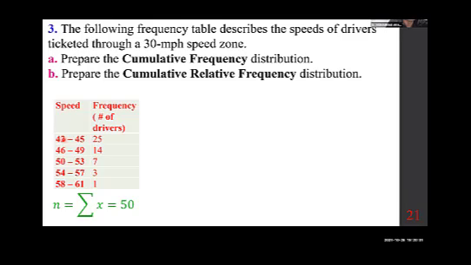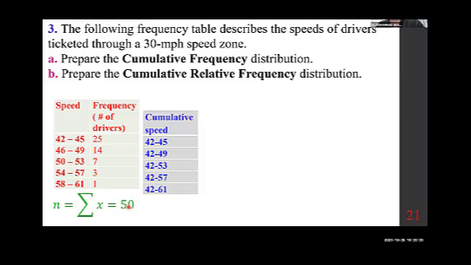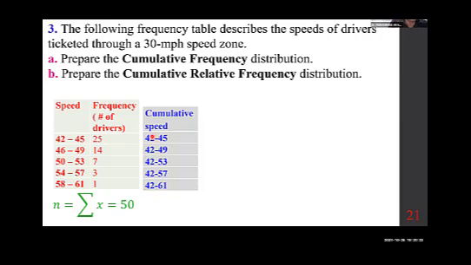So everything starts from the beginning. So the first class becomes 42 to 45, and the number of frequencies is the same, 25. But the next one is 42 to 49, which means we need to add the 25 to 14. The next one is 42 to 53, so we need to add all of those numbers, and so on and so forth. Needless to say, n was 50. We had it before. So the lower limit changes to the lower limit of the first class.